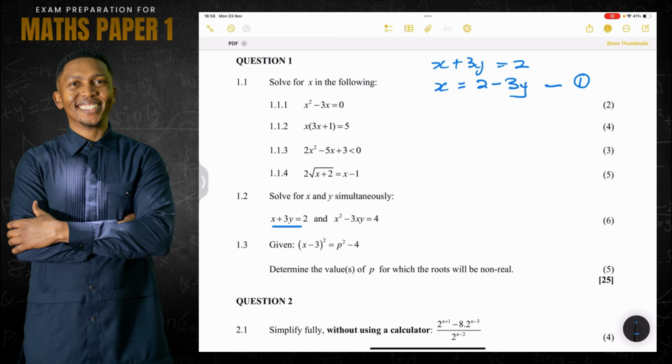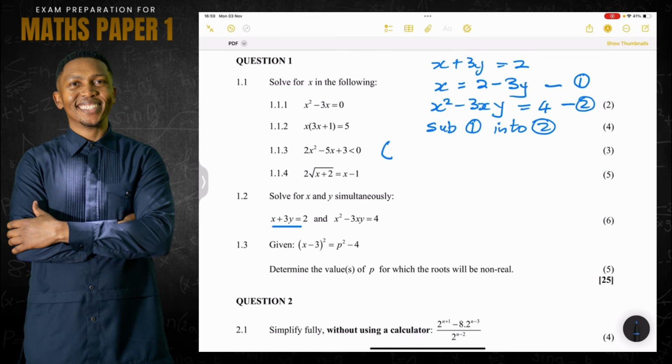But what's the other equation? We've got x squared minus 3xy, okay, which is equal to 4. So let's call this equation 2, and I'm going to substitute equation 1 into equation 2. So that means everywhere I see x, I'm going to substitute it with 2 minus 3y.